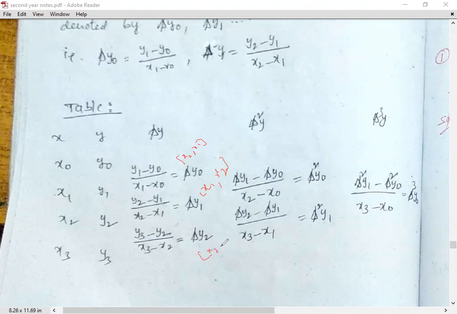This divided difference should be denoted by f of x2, comma x3. So these first divided differences are f of x0, comma x1, and the next one f of x1, comma x2, and the next one f of x2, comma x3.